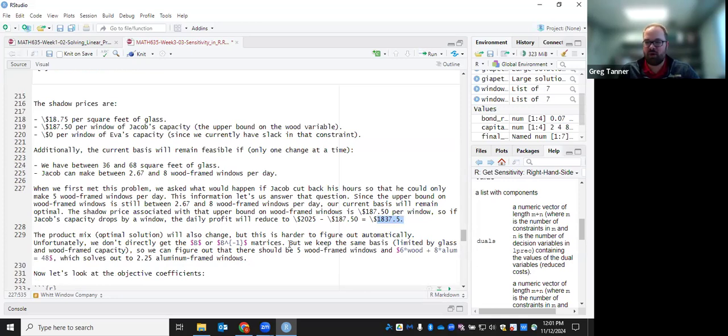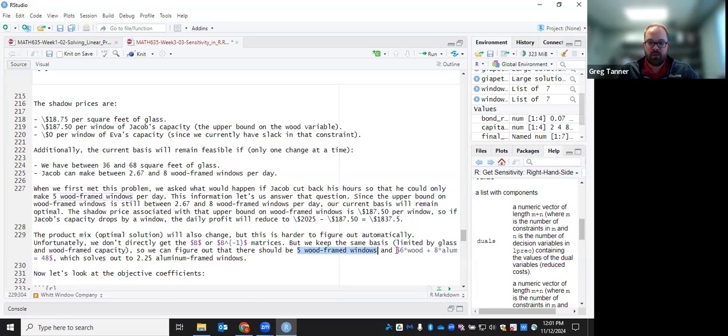In this case, it's a small enough problem that we can just think through it logically. If we keep the current basis, we're going to be limited by glass and by wood frame capacity. So he's going to make the full wood frame capacity, which, if we reduce that to 5, would mean making 5 wood frame windows. And then he will use up the remaining glass capacity by making aluminum windows.